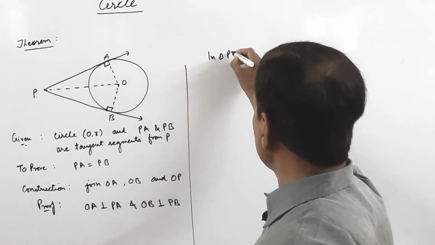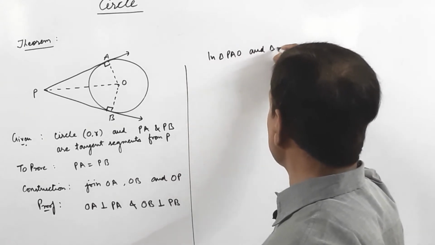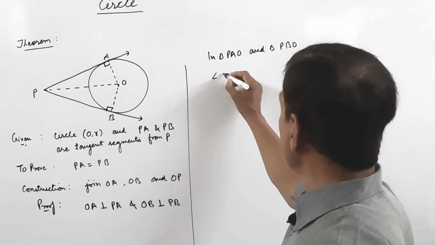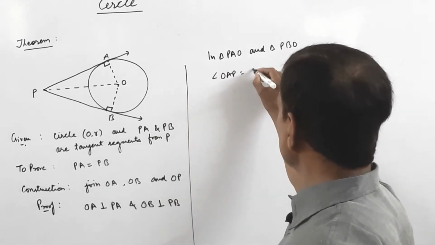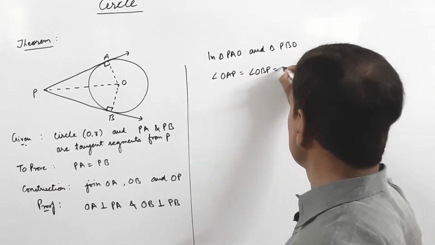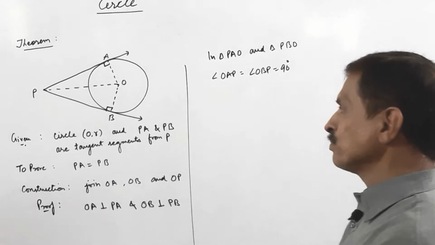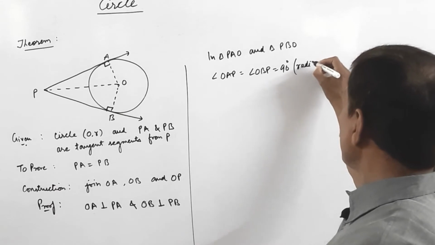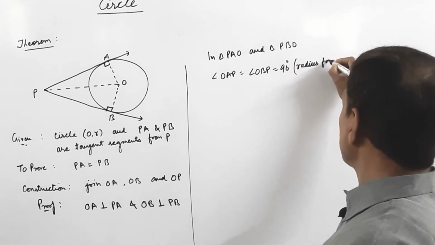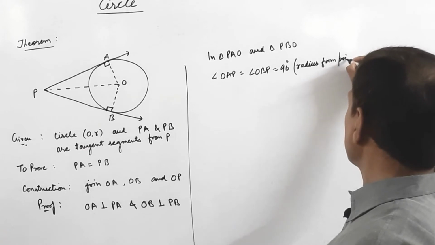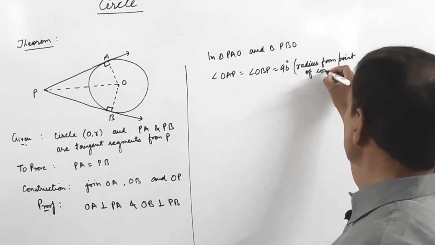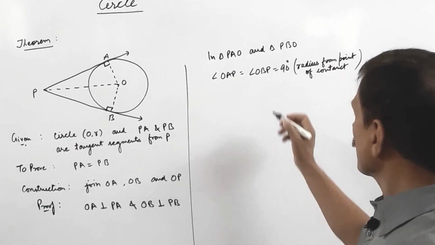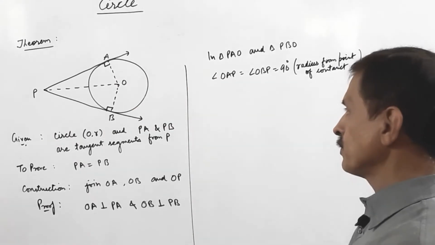Now in triangle PAO and triangle PBO, angle OAP is equal to angle OBP is equal to 90 degree each, because radius from point of contact is perpendicular to tangent.